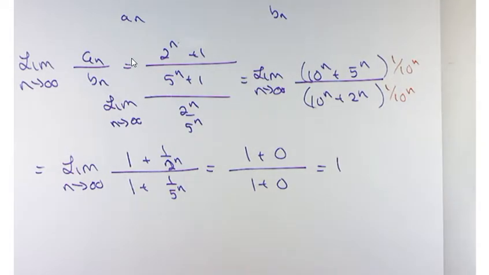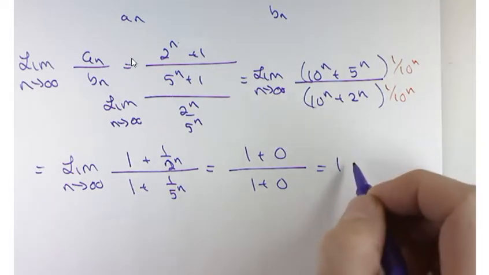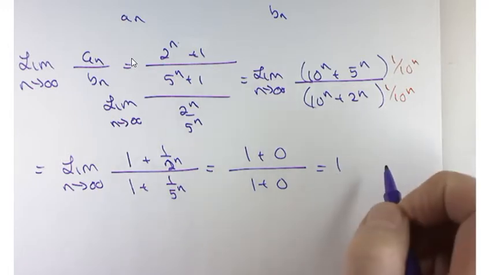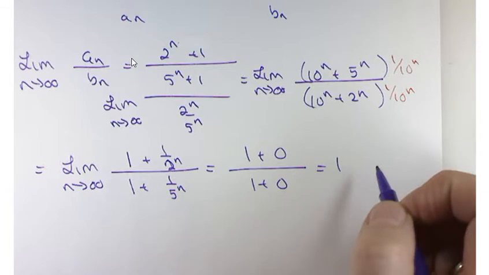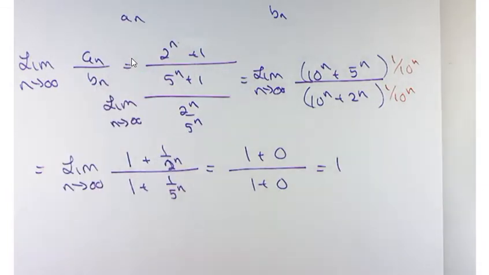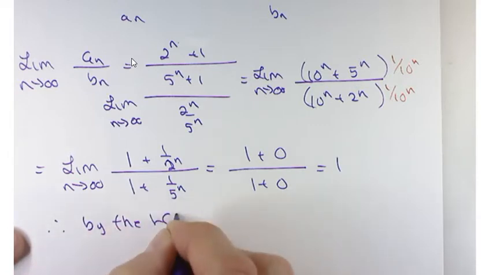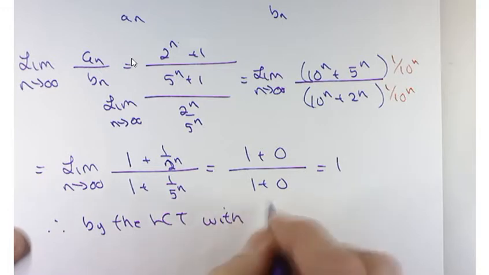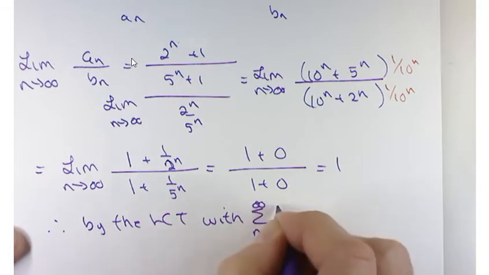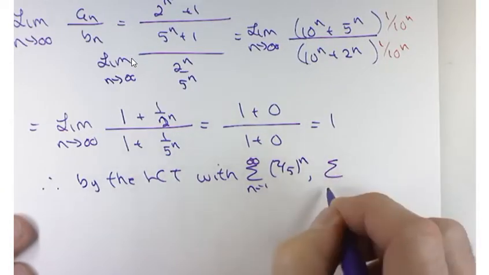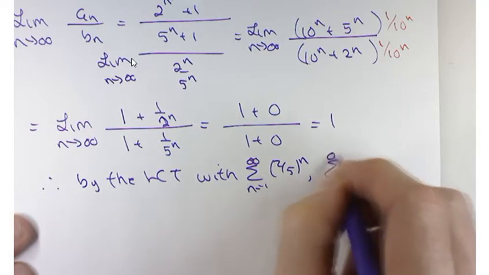But if this came out to be 11, 1100, or 1,000,000, or whatever it is, as long as it's finite, between 0 and infinity, then by the limit comparison test, we're okay here on problem number 16. So by the LCT, with this series, n equals 1 to infinity of 2 to the n over 5 to the n, this series converges.